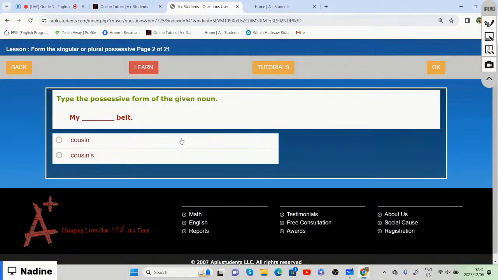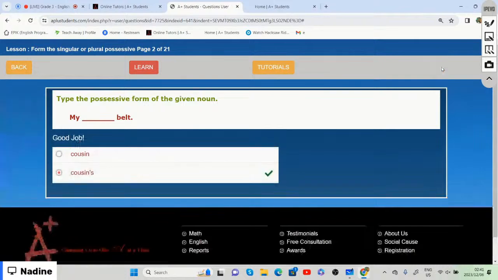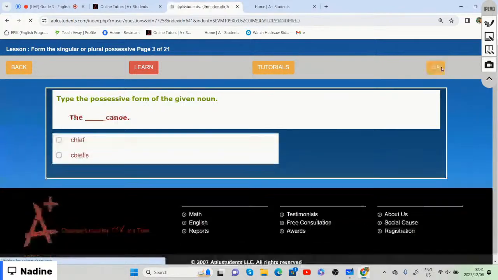And remember, we said that with a possessive noun, it basically shows ownership, especially if we have the apostrophe and the S. So we're going to say my cousin's belt because it belongs to the cousin. It's not more than one cousin, only one cousin.